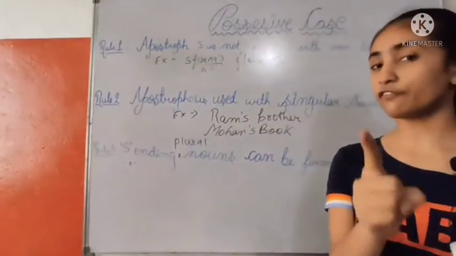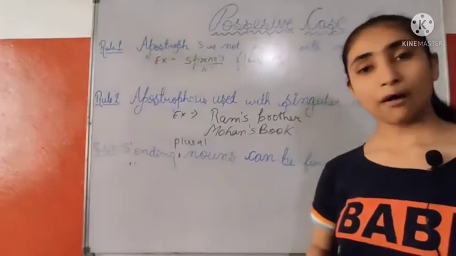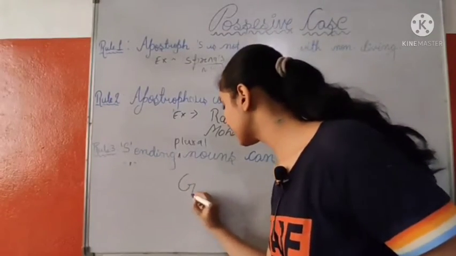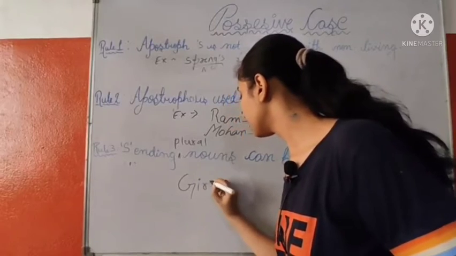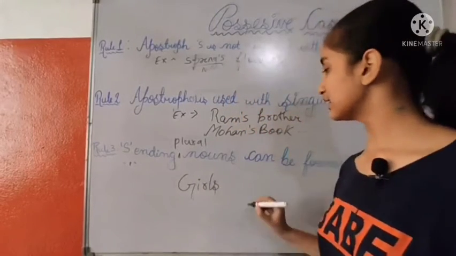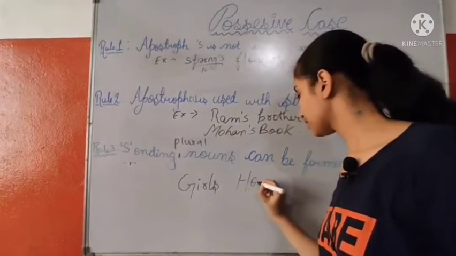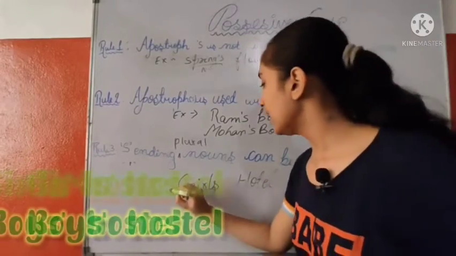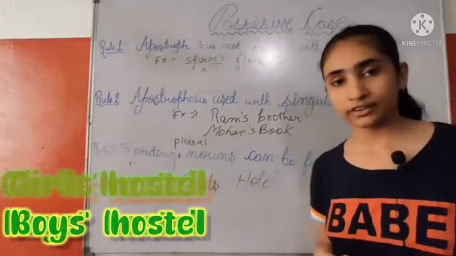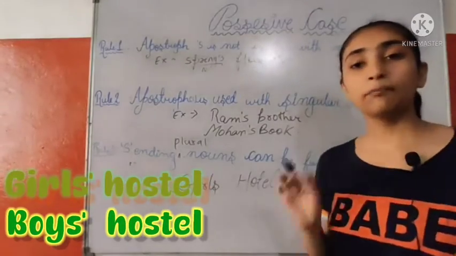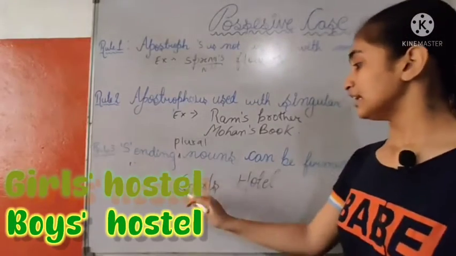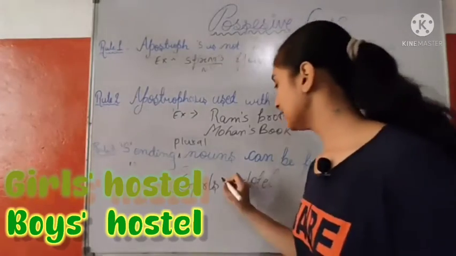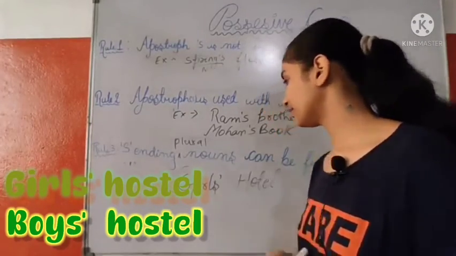Not apostrophe s, only apostrophe. For example, girls' hostel. So here, girls is what? Girls is a plural noun and it can be made possessive by simply adding apostrophe.